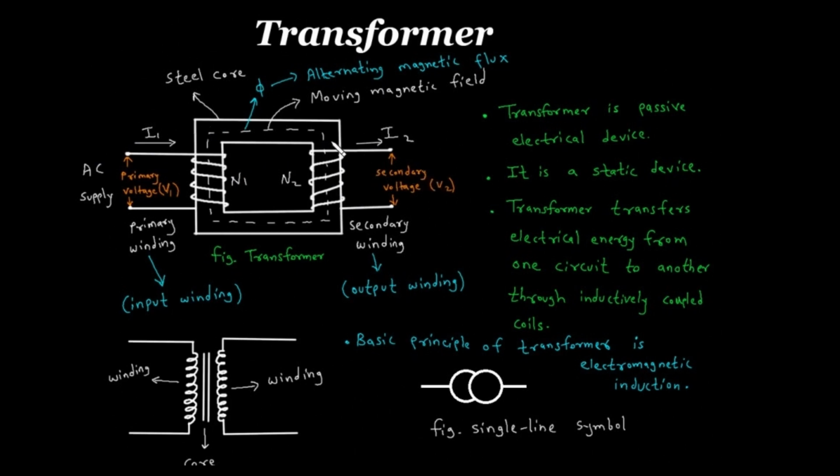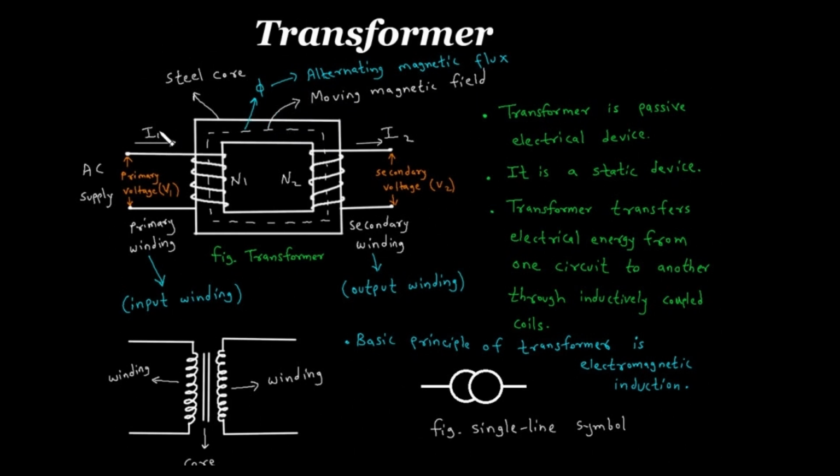Now here, this is the steel core. These lines represent flux and this is the alternating magnetic flux. And this line represents the moving magnetic field, or we can say it is the flux.